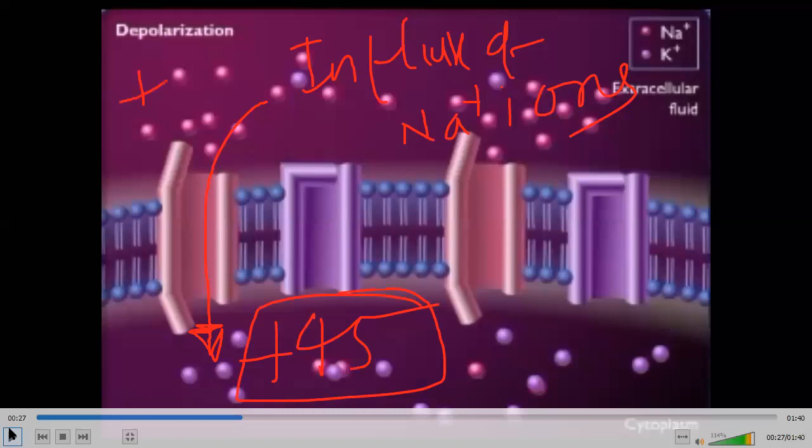We said depolarization takes us from minus 70 to plus 45 due to the influx of sodium ions.